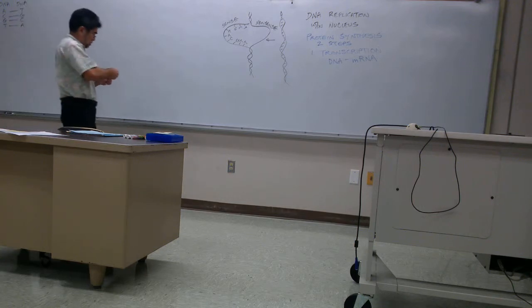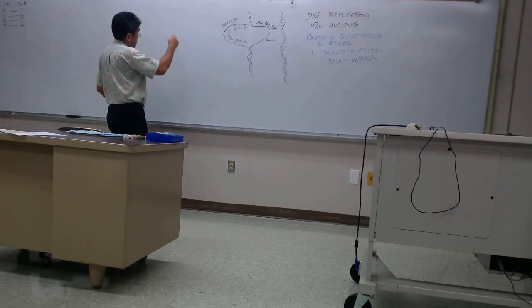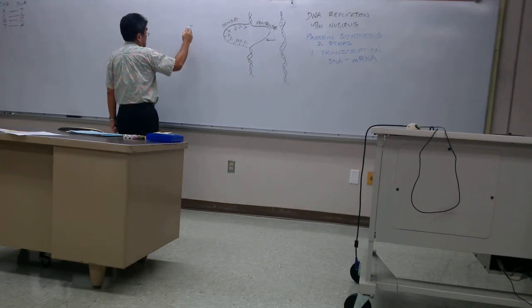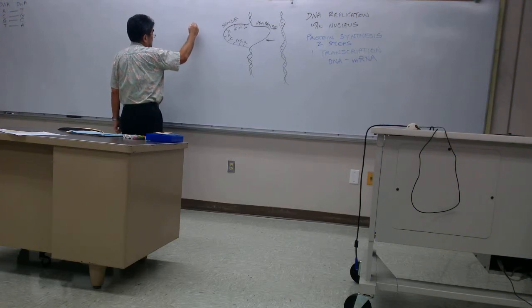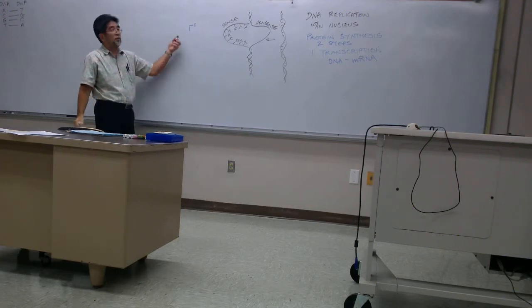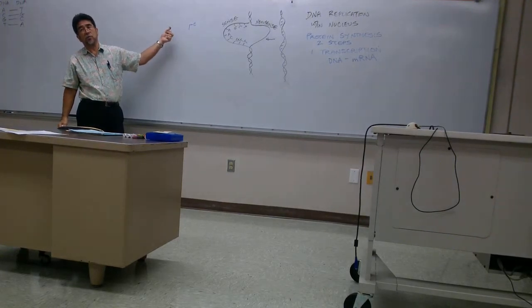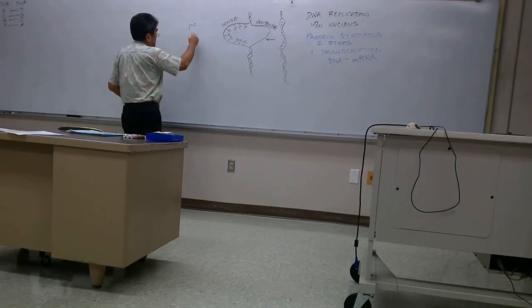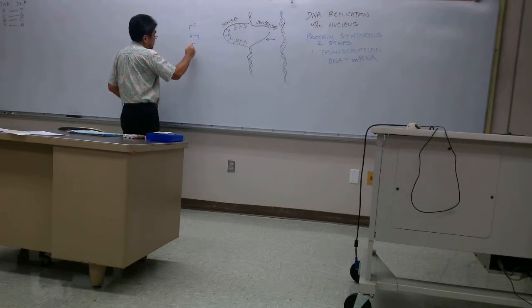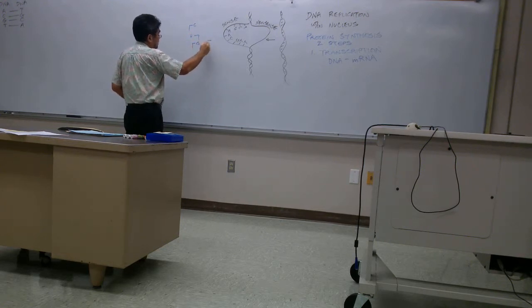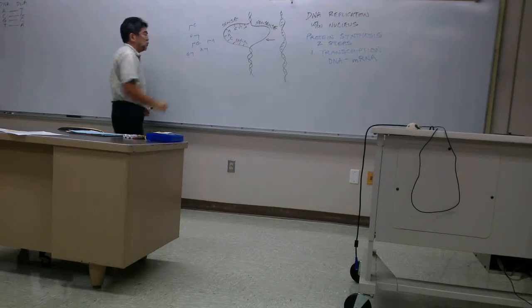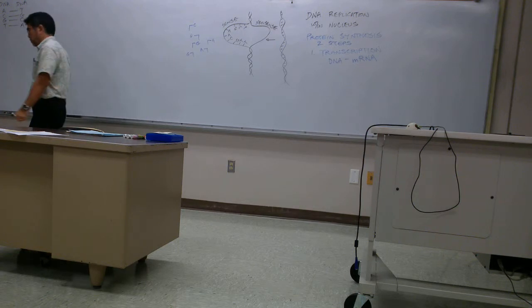There's messenger RNA. I'm going to do this in blue. So this is going to be a messenger RNA nucleotide, one with cytosine. I'm leaving off the S and the P for the sugar and the phosphate. The sugar would be ribose sugar. And there wouldn't be any thymine. It would be uracil instead. So you've got a bunch of these RNA nucleotides floating around.